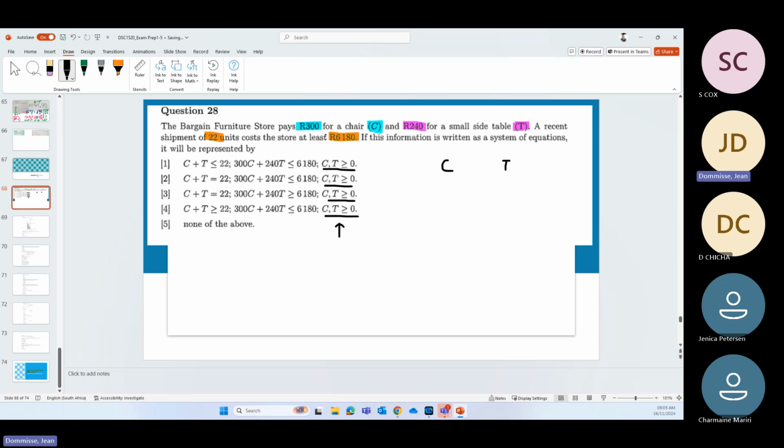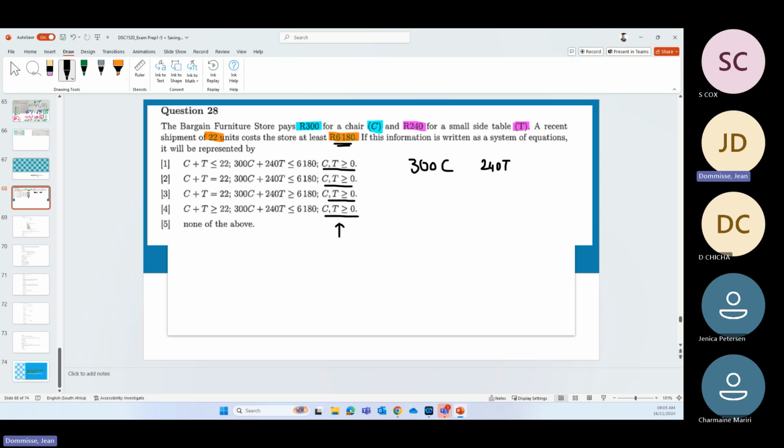Okay, then the next one that we look at is they pay 300 Rand per chair, and 240 per table, and they say those 22 units cost the store at least.